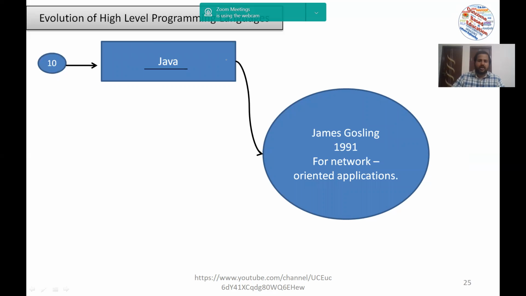So much revolution it brought into the computer field because of Java. Still many companies have Java applications, and there are many jobs in the software industry based on Java. It was developed by James Gosling in 1991 for network oriented applications.